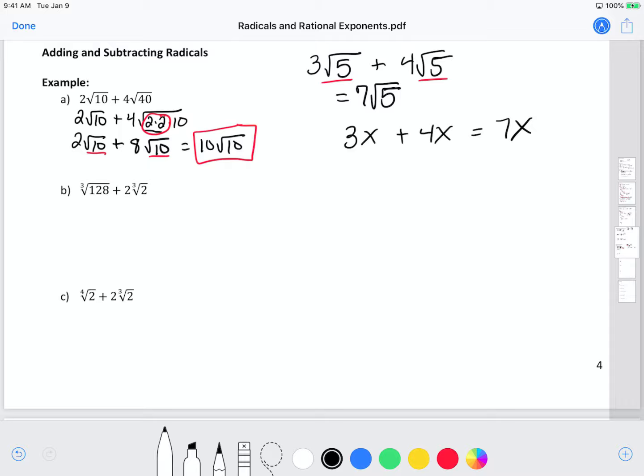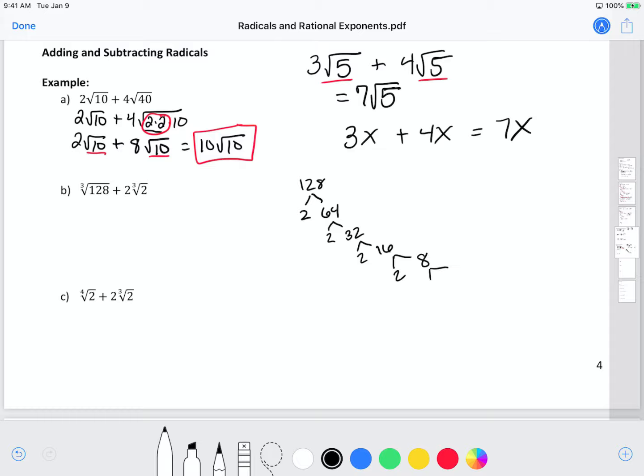I might be able to manipulate this expression when I simplify the cubed root of 128 so that I have a factor of the cubed root of 2. So I'm going to take 128 and make my factor tree. 128 can be written as 2 times 64. 64 can be written as 2 times 32. 32 can be written as 2 times 16. 16 can be written as 2 times 8.